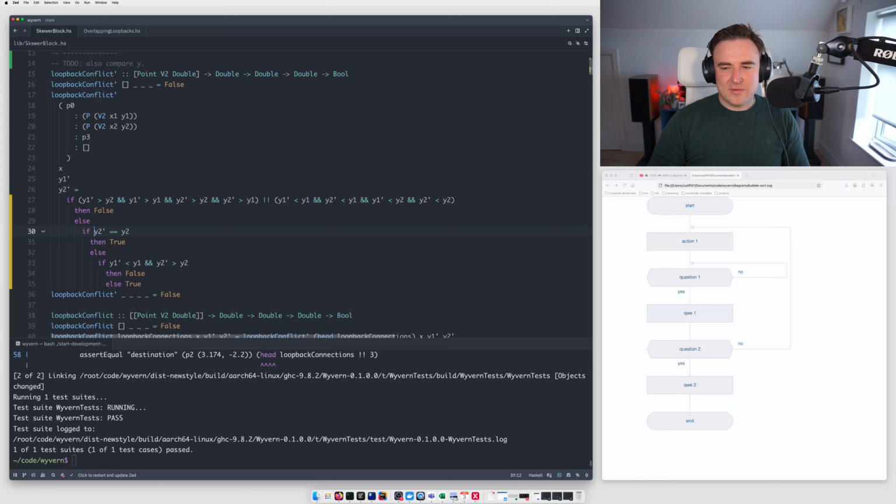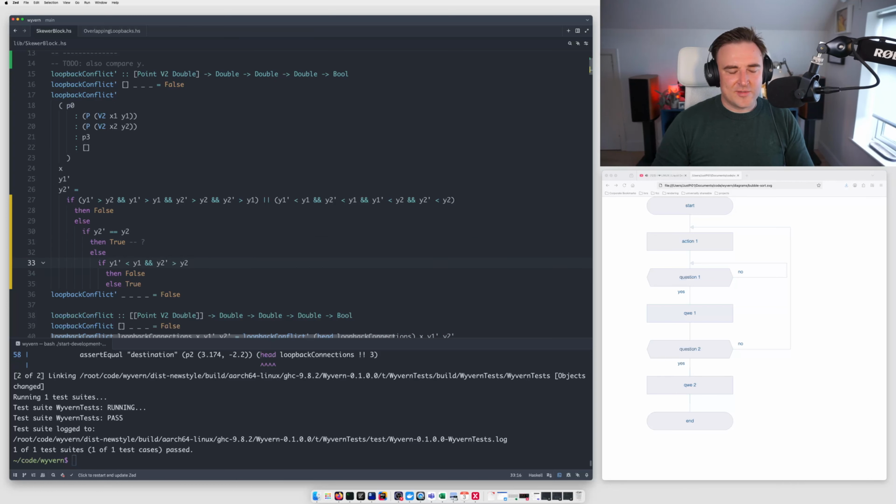So we only really should worry about this state where y2 prime, which is the y coordinate of this point, is equal to the y coordinate of this point. If they are equal, then we just need to compare the x coordinates. But let's take a look at this.